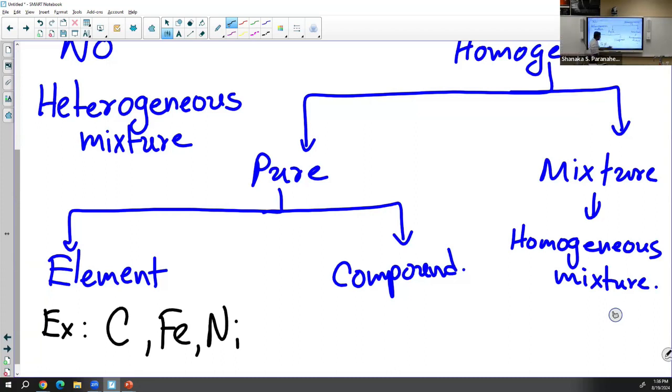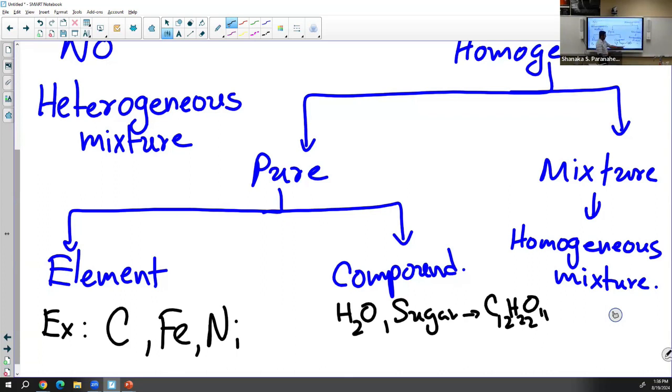Examples of compounds are water, sugar. The formula of sugar is C12H22O11. It's kind of a medium-sized molecule. The subscript stands for the number of atoms in the molecule. So 12 carbon atoms, 22 hydrogen, and 11 oxygen atoms.